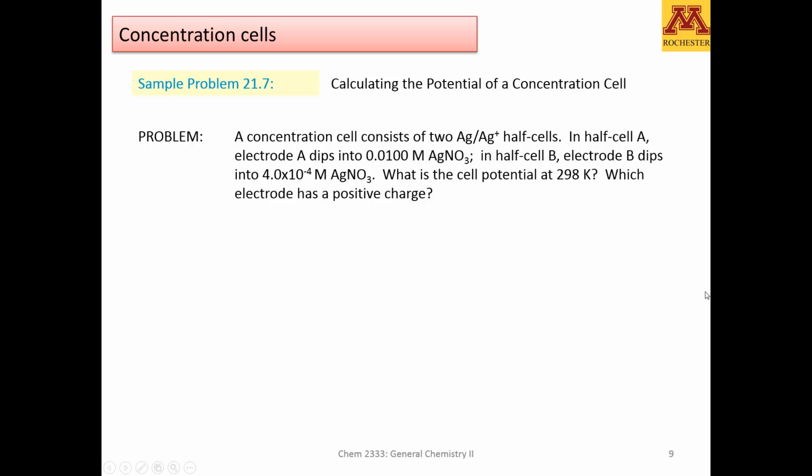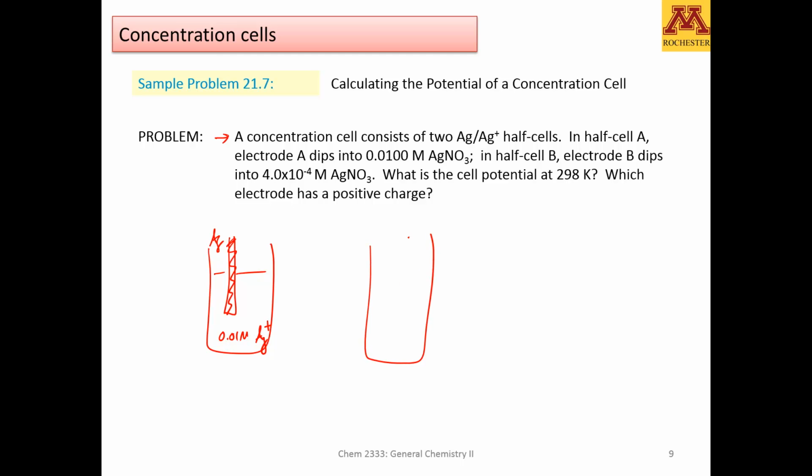So let's try to solve another problem. In this case, we are told we have a concentration cell with silver and silver plus. In one beaker you have a silver electrode and the concentration of silver plus is 0.01 molar, and in the other you have another silver electrode, and the concentration of silver plus is 4.0 times 10 to the negative 4.